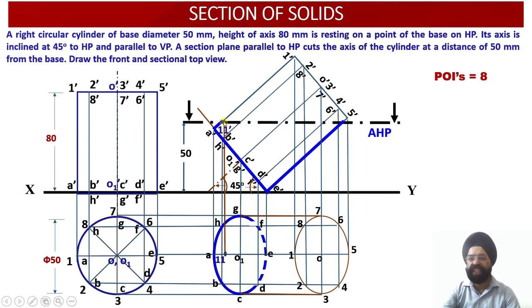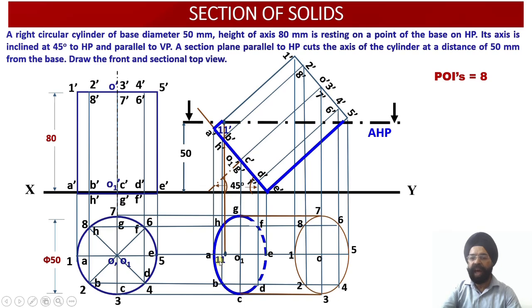So 11 dash is the point at which this cutting plane is going to cut this vertical generator 1 dash A dash. I am going to bring this down. Up to which point do I need to bring it down? I will draw a vertical projector from 11 dash, and it has to meet my vertical projector, that is the top view projector A1, because its original point 11 dash was lying on the elevation generator 1 dash A dash.